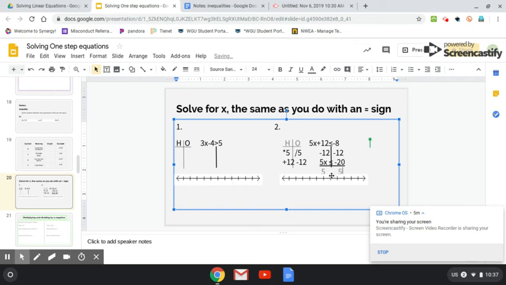Okay, all right, I'm going to write my answer up here. 5 divided by 5 is 1, and I'm going to keep the x. It is less than or equal to negative 20 divided by 5, which is negative 4. Now I need to plot x is less than or equal to negative 4 on my number line below.